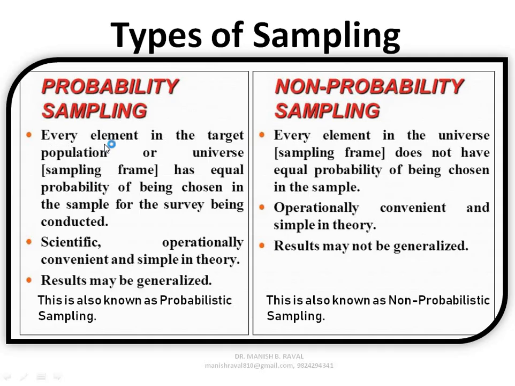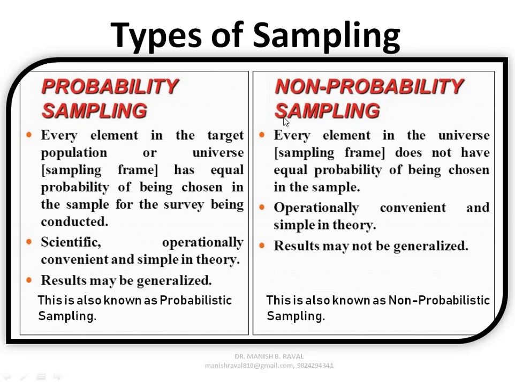Probability sampling is when every element in the target population or universe, or we can say sampling frame, has equal probability of being chosen in the sample for the survey being conducted. When every person has equal opportunity of being selected in the survey, then that kind of sampling technique is known as probability sampling.